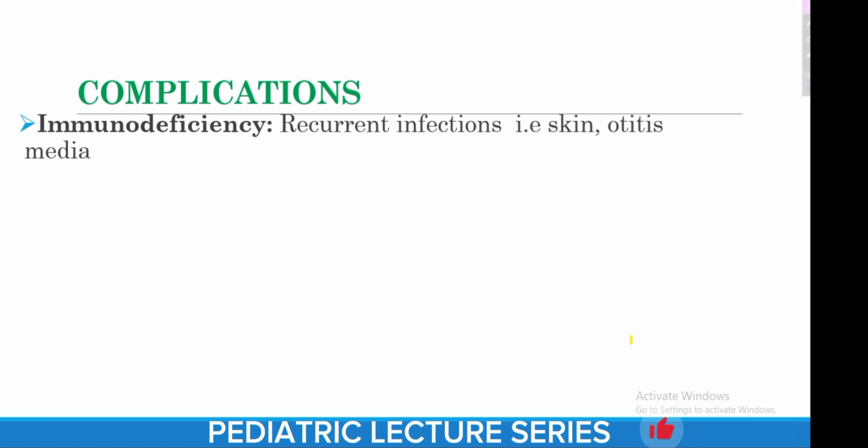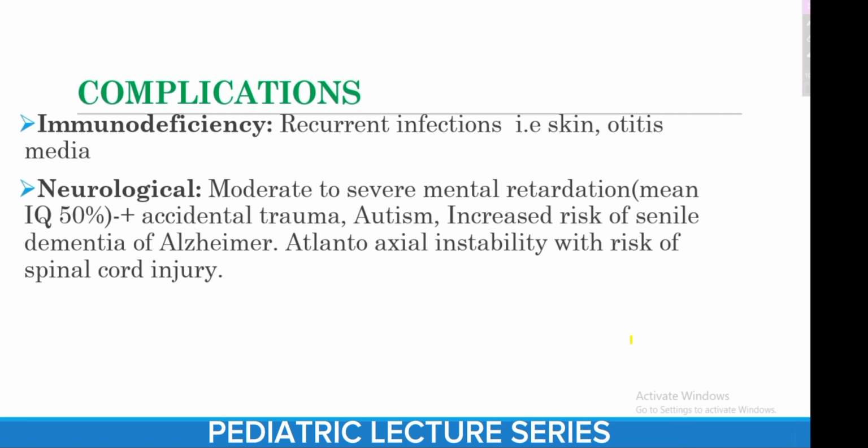So what are the complications? This syndrome affects almost all organs in the body, and therefore there are various complications that are associated with this syndrome. Immune deficiency, which is going to be characterized by increased risks of infection.